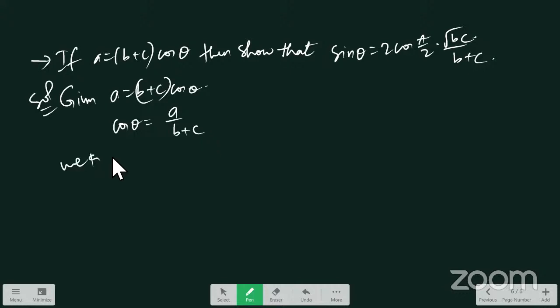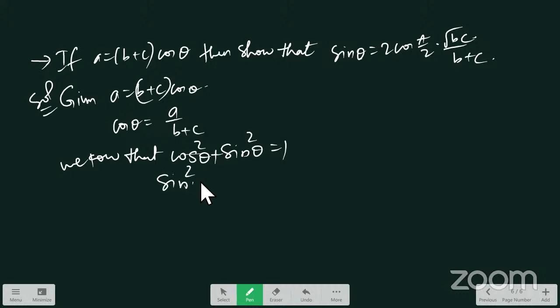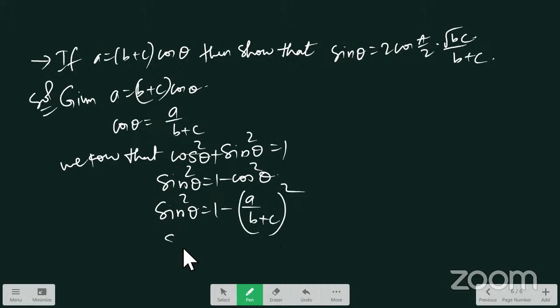Now we know that cos square theta plus sin square theta is 1. Sin square theta is equal to 1 minus cos square theta. Sin square theta equal to 1 minus (a by b plus c) whole square, which is 1 minus a square by (b plus c) whole square.